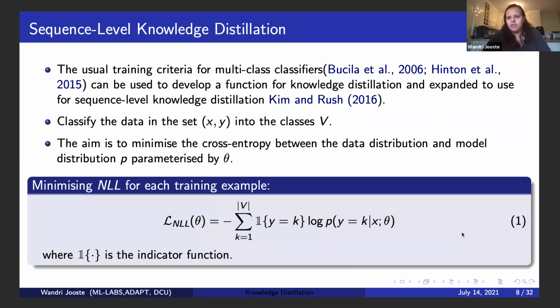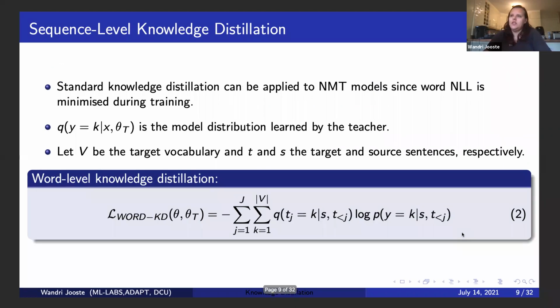And you can do this by minimizing the negative log likelihood for each training example. So when it comes to knowledge distillation, it can easily be applied to NMT models because these models minimize the word NLL during training.